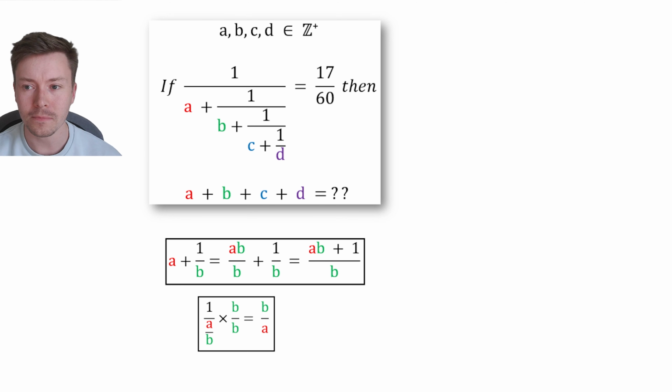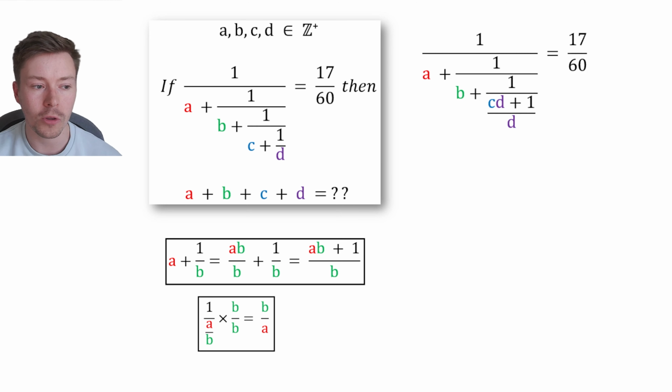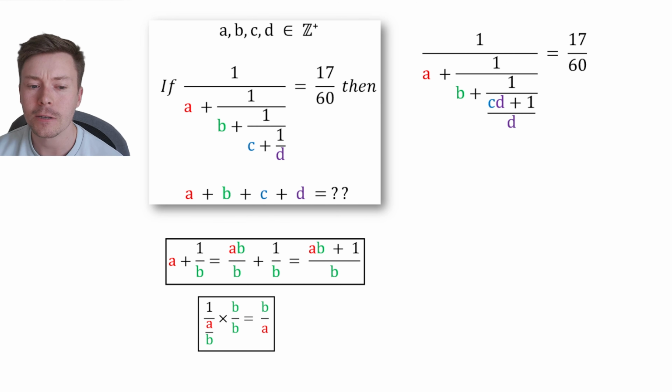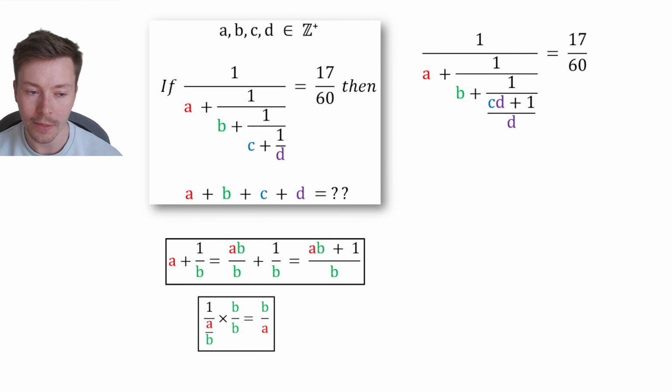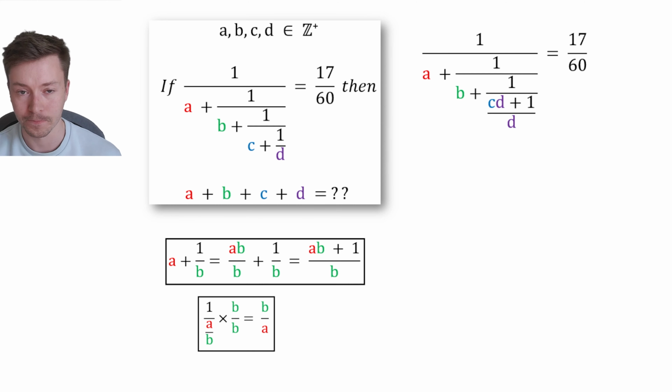Okay, right, now the next thing is to start rearranging this problem, and with stacked fractions you want to start from the bottom. So I sorted out this c plus 1 over d. Just like with my a plus 1 over b, I times the c by d over d, and I got cd over d, and then I added it, so I got cd plus 1 over d, a single fraction.